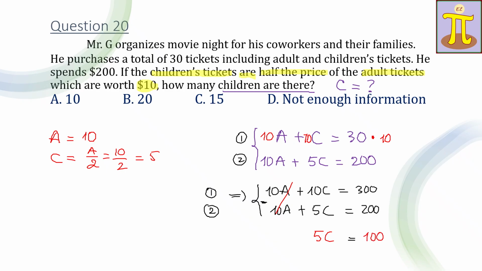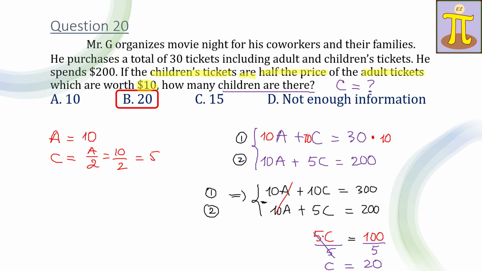Now I simplify, divide both sides by 5 to cancel the 5 and isolate C. I will have C is equal to 20. So 20 tickets for the children and then 10 tickets for the others. But they don't ask for the others, so make sure you answer the question, okay? How many children are there? So there are 20 children. So B is the correct answer.